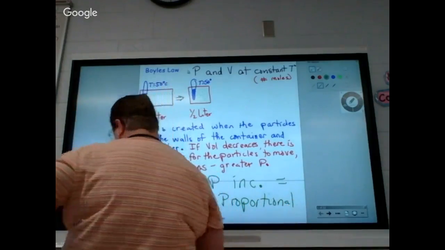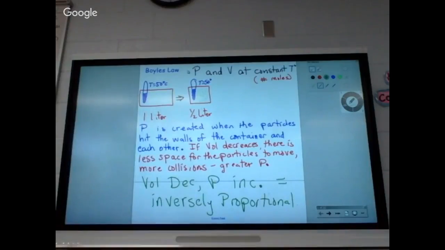Now, we'll write the law on the next slide once you catch up, and I'll show you the formula that goes with it. Proportional. That's good.